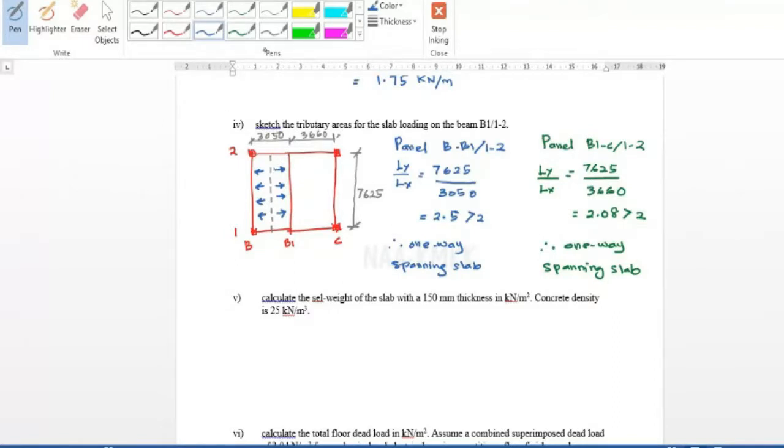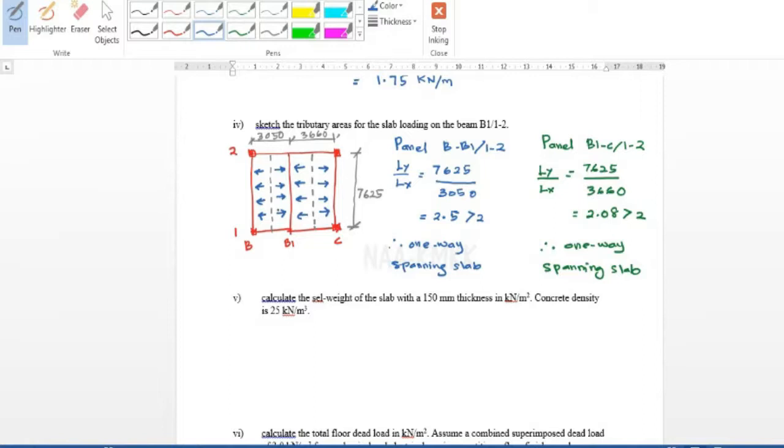Okay, guys? Hope you understand. Same for panel B1C12. This one is Lx. So we divide Lx into two parts. Then draw the arrow to show the load path from slab to beam.